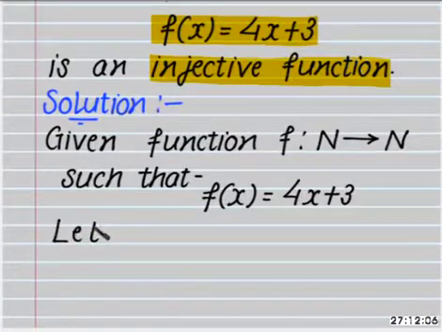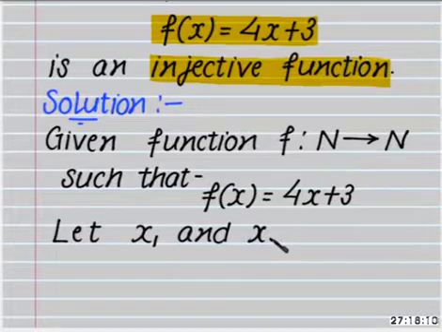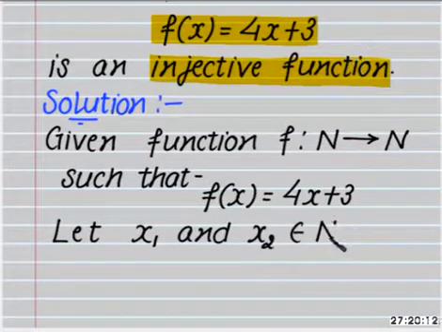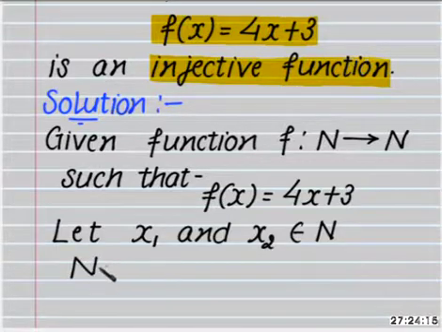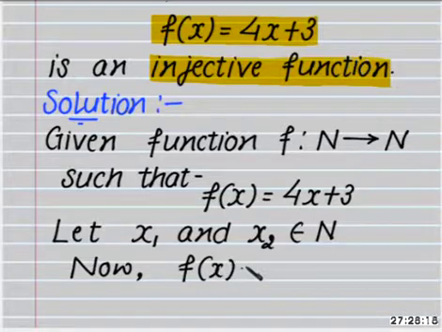Let x1 and x2 be natural numbers. Now f of x is equal to 4x plus 3.